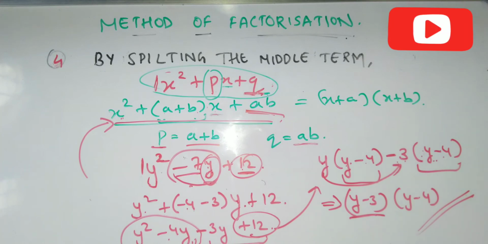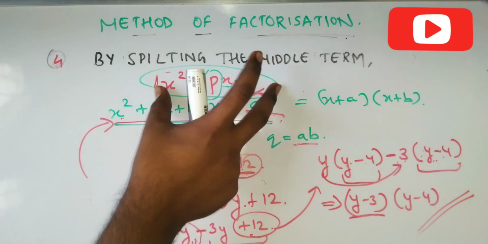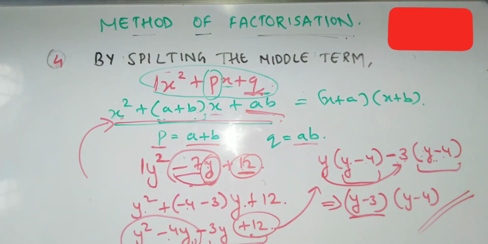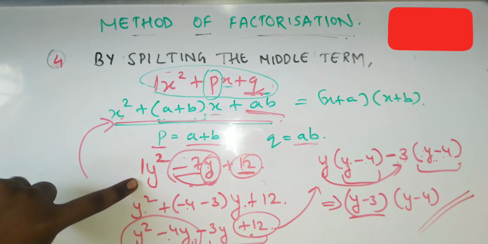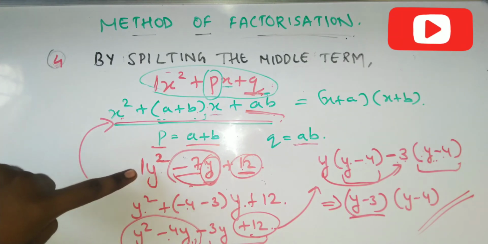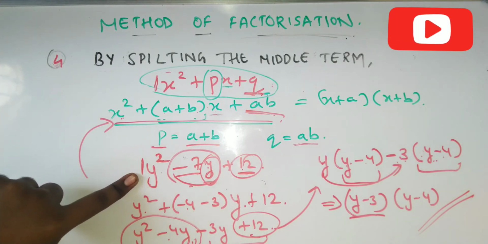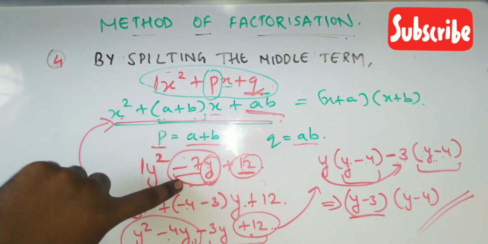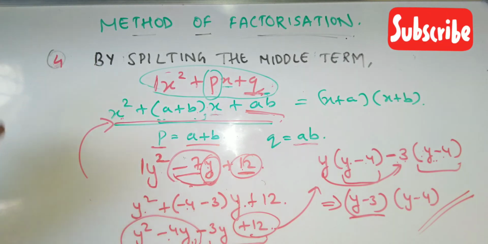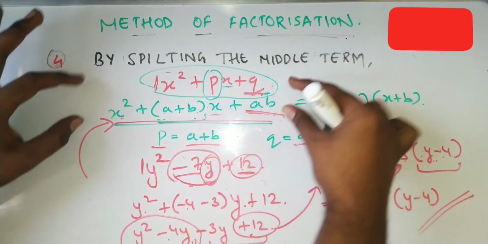Correct? If it is in this form, you can apply this formula. Now here the coefficient of x square is 1. Here instead of x square it is y square, doesn't matter. So 1 I have taken. That means the coefficient is already there. Then in place of p it is minus 7. So we have to compare this with this.